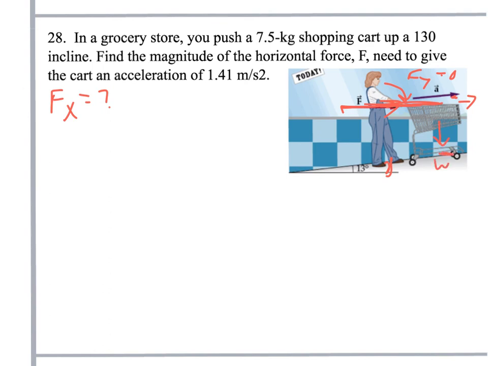So there's our weight acting downward, and we have to consider that because we want to find the magnitude of the horizontal force needed to make the cart accelerate by 1.4 meters per second squared. So we've got to account for the heaviness of the cart and all the groceries in it. So our F of x equation becomes the summation of the applied force plus the weight.